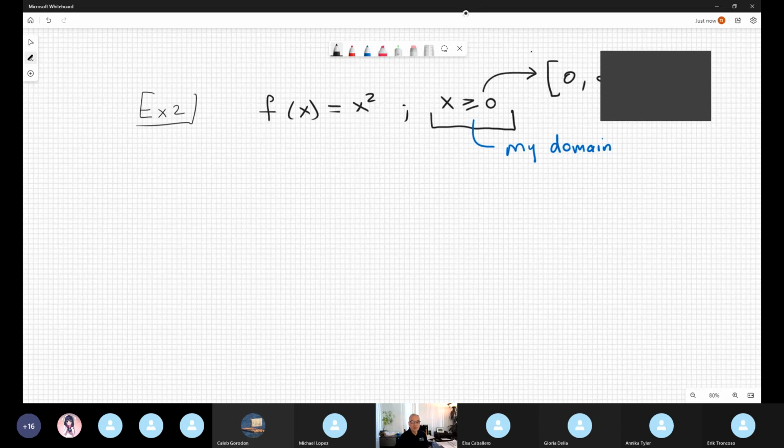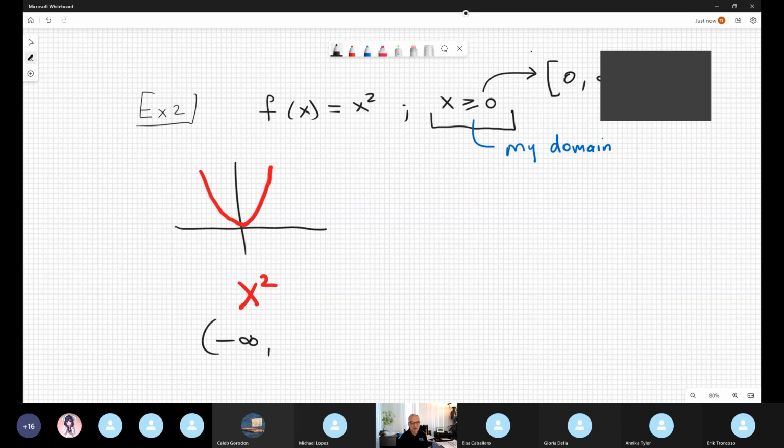Well, I know very well. This is the quadratic function, and the quadratic function, yeah, fails. The quadratic function is like that. However, according to this restriction, this is x squared without a specified domain, because by default you suppose it is all real numbers, but in this case, no. My function, guys, is important.